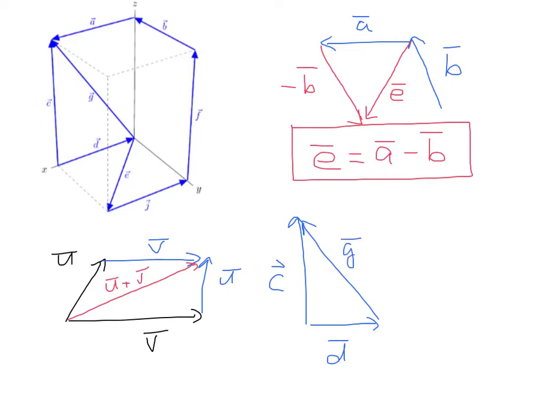Once again, we almost have the same relationship, with tail to tip and then tail to tip, but D is heading in the opposite direction than it needs to be for the parallelogram law. So I'm just going to draw a red D right over that one, and that will be minus D. Then the sum of those two vectors, minus D and C, is the vector G. So G is equal to C minus D.